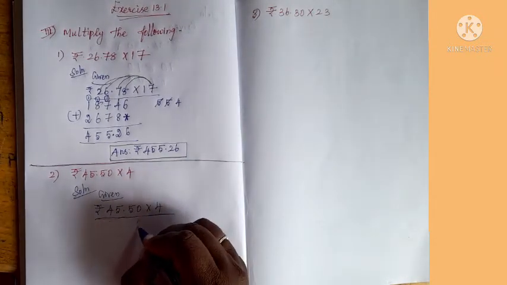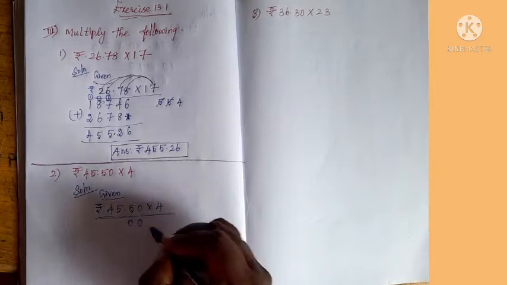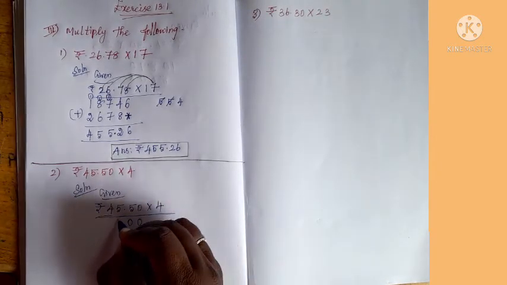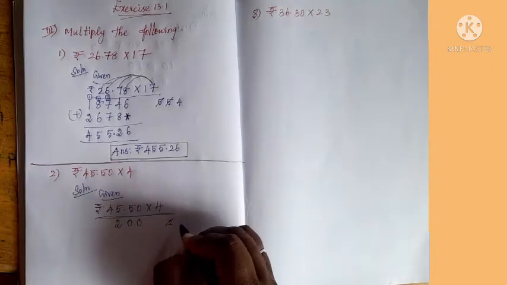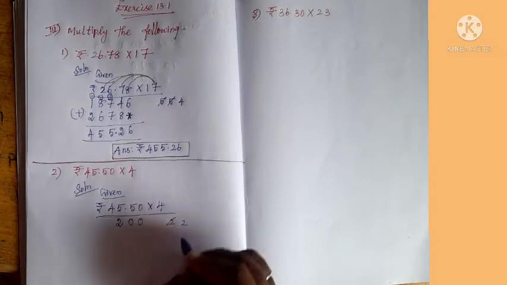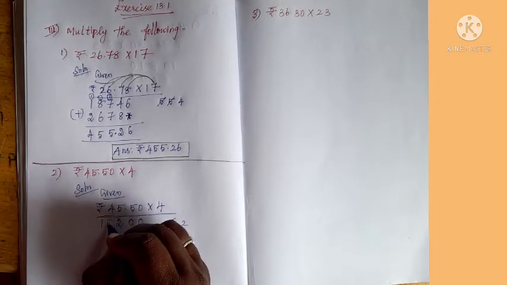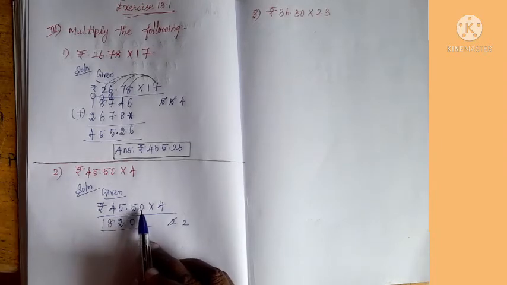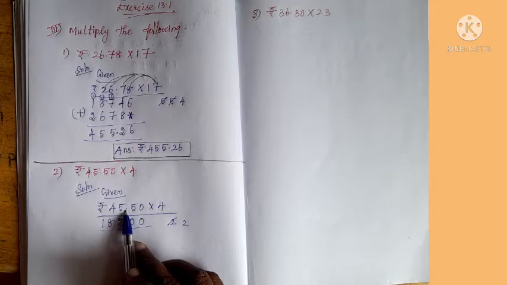4 into 0, 0. 4 5s are 20, 2 remainder. 4 5s are 20 plus 2, 22. Again 2 remainder. 4 4s are 16. 16 plus 2, 18. So now check where the point is. See, 2 digits before. 1, 2. 2 digits before the point is there.